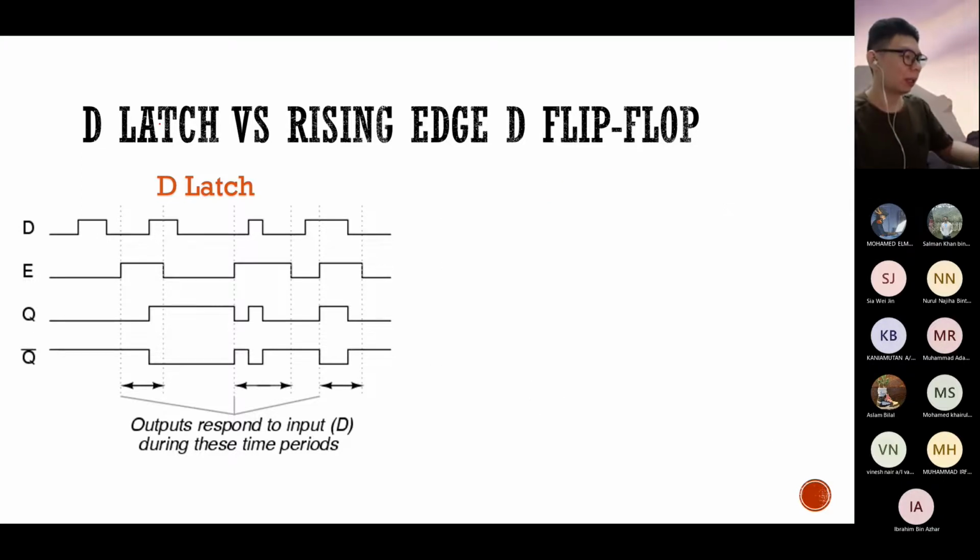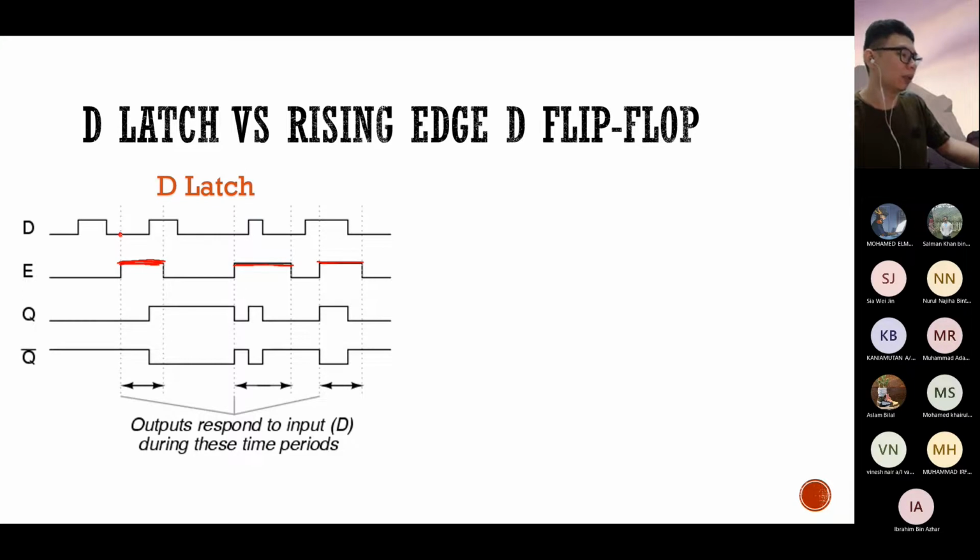Let's take a look at the diagram on the left first. This is a D latch, and a D latch will only function when your enable is high over here. This is the region where your D latch will function. Whenever you get enable high on a D latch, at this point of time, exactly here, the D latch will turn on and look at the value of D that you supply at this point.